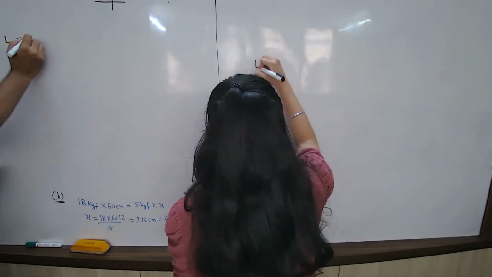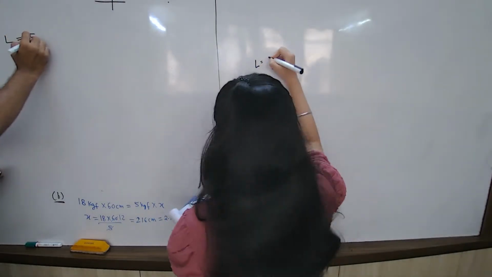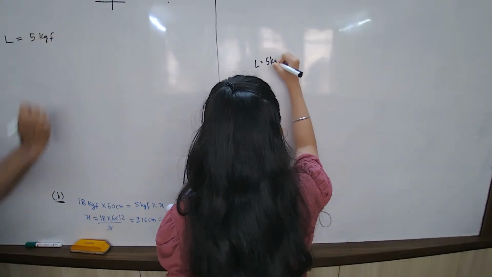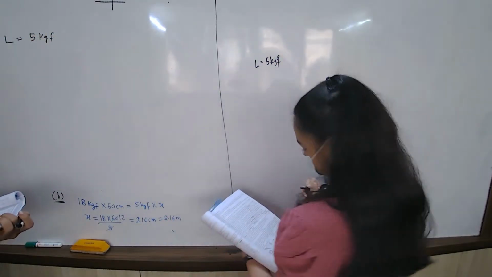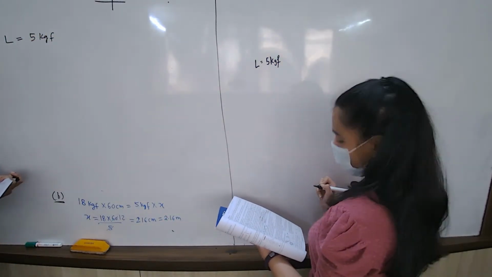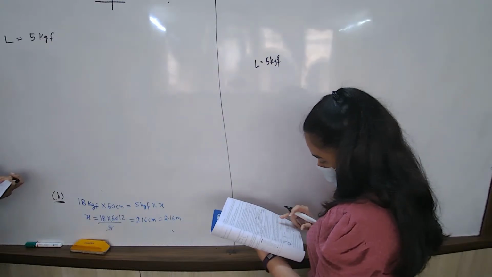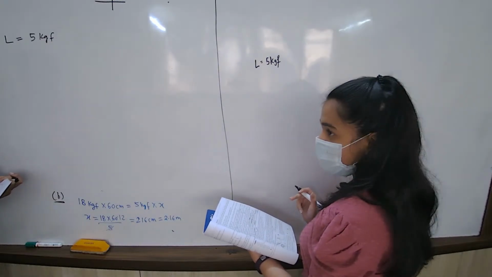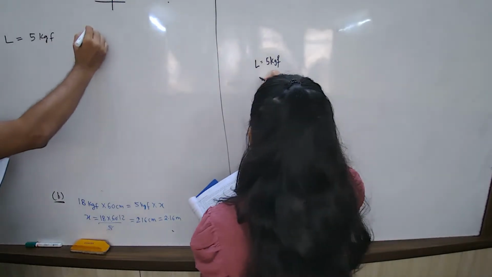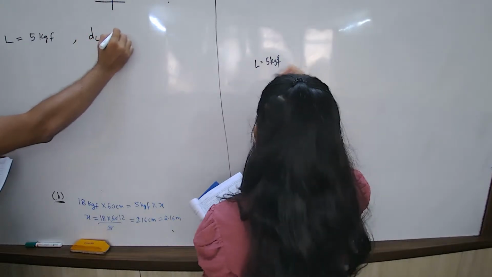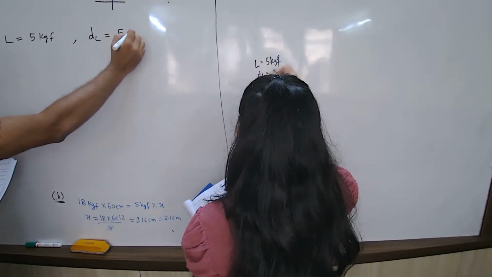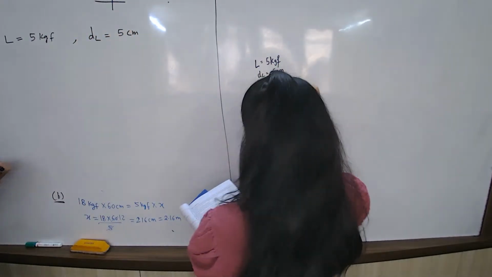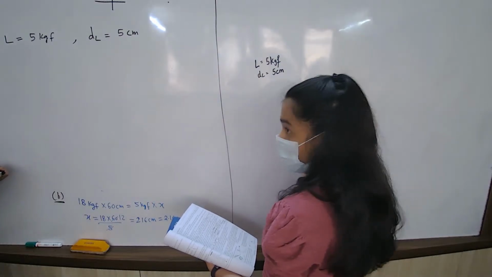L equal to 5 kg. ठीक है? The load is 5 kg. A shears used for cutting metal sheet has blade 5 centimeter long. तो blade कितना होता है? DL is equal to 5 centimeter. Displacement of load is 5 centimeter.